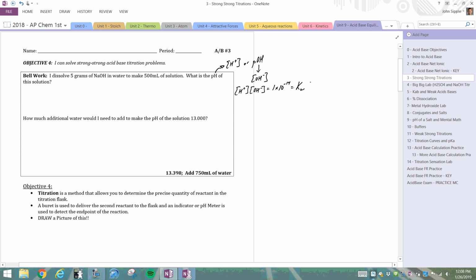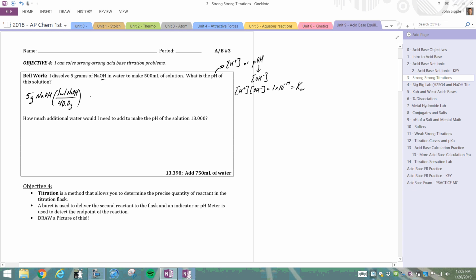Okay, so as we move forward, first thing we gotta do is figure out what the concentration of hydroxide ions are in solution. So we need to do a little mole conversion here. So 5 grams of sodium hydroxide. Okay, we know in 1 mole of sodium hydroxide there is 40 grams.